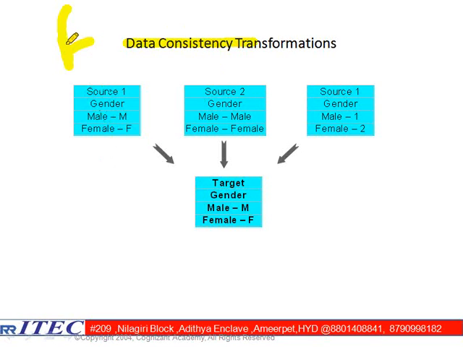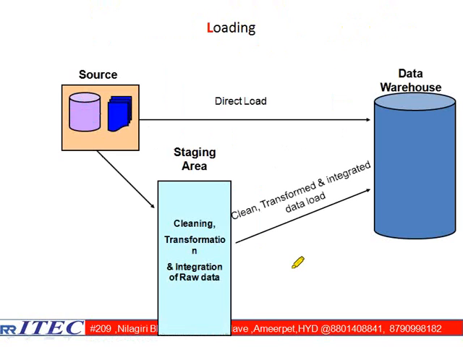Some other application, like Facebook business, is also available. The data comes in different forms, but at the end of the day we convert it into a single format, M and F. Even though zeros, ones and twos are available, those are also converted into M and F. This is called consistency.